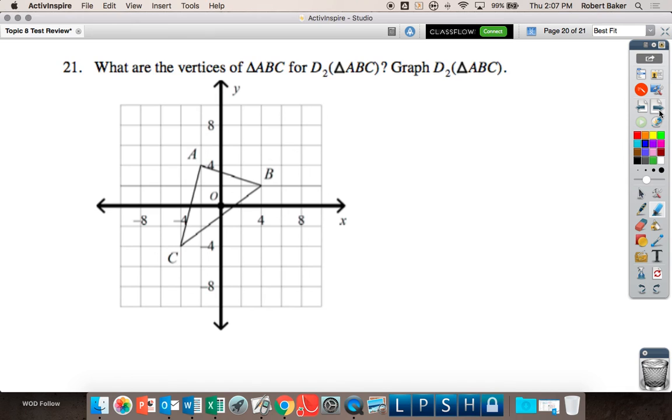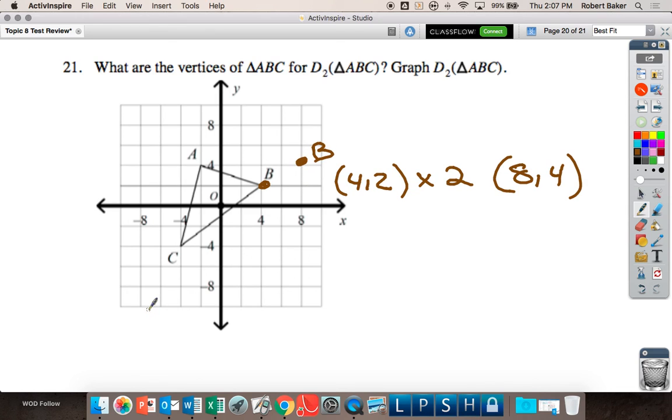How do you do dilations? Multiply. So you just take the coordinate locations. This is at 4, 2, because the graph counts by 2s. So you have to multiply each of those coordinates by 2, which will become 8 and 4. So over 8, up 4, that's where B is. This one down here is at -4, -4.